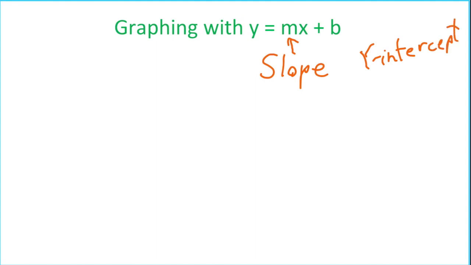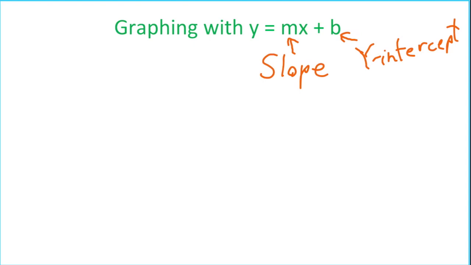That is your y-intercept. So you just need these two pieces of information, your slope and your y-intercept, to graph your line.